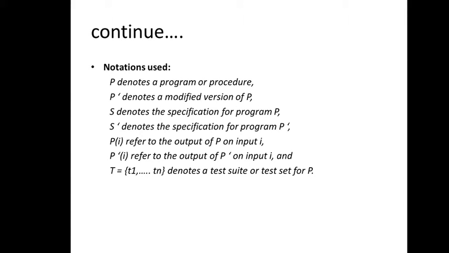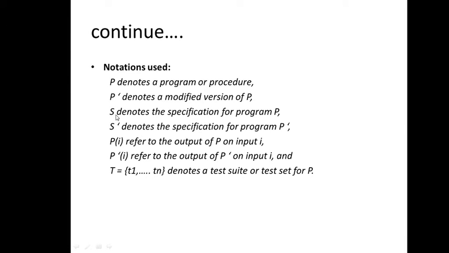So let's see, during the regression testing problem, we will be using certain notations here. P denotes a program or a procedure, right? P dash denotes a modified version of P. That means we have made certain changes in P and we call it P dash.